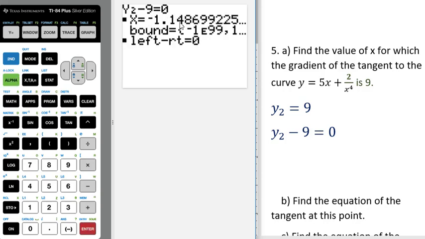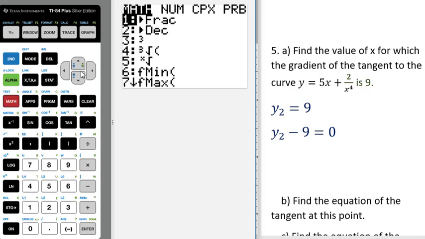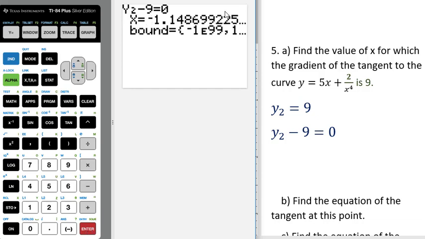It gives you the answer, -1.15. That's for x. So normally, you always combine this y equals and this equation solver to find the estimated value so that you can get the correct answer.